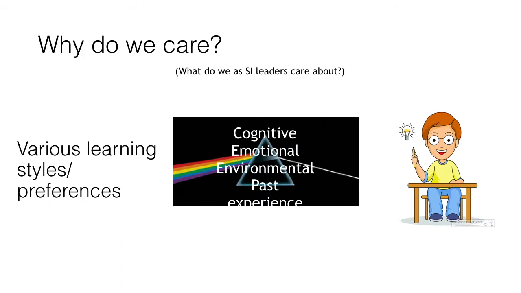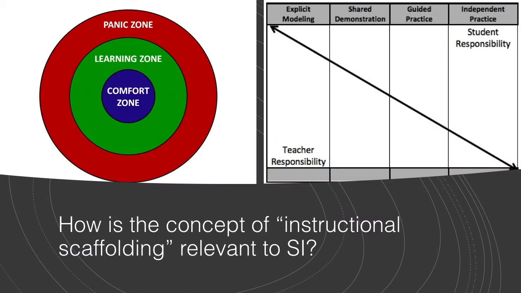But then in the same way, everyone is going to be running through these 4 domains: cognitive, emotional, environmental, and past experiences. Everyone has to process through those 4 domains before we can have understanding and an insight. And that is what we as SI leaders care about. We like to see that light bulb go off. So, how can we make that happen?